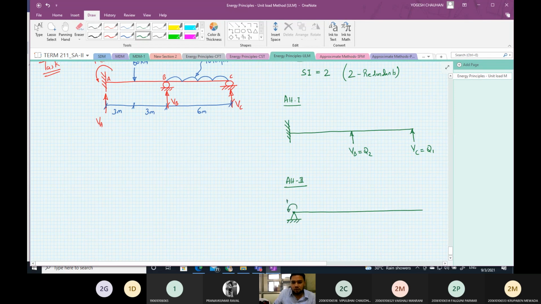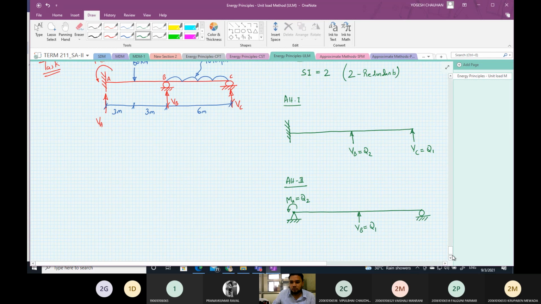So this will be a redundant. You can choose this one as Q1 or Q2. It is up to you. Let us choose this as Q1, Q2, and this as redundant. And this will be a roller support.